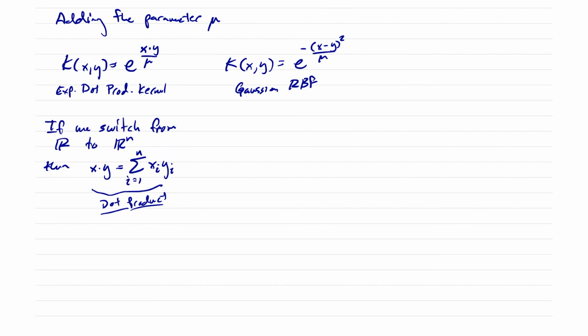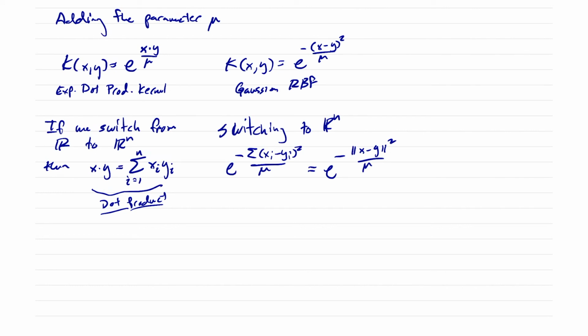And over here, switching to Rn, we write e to the minus the sum of (xi minus yi) squared divided by mu. Another way to write that is e to the minus, we put double bars to indicate the norm in Rn, and that's what we have here. Okay, and so that's what we got.